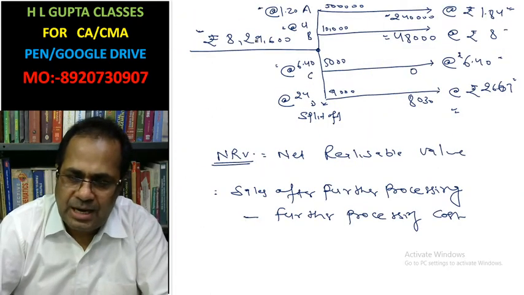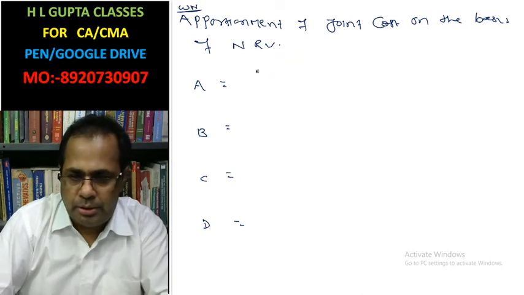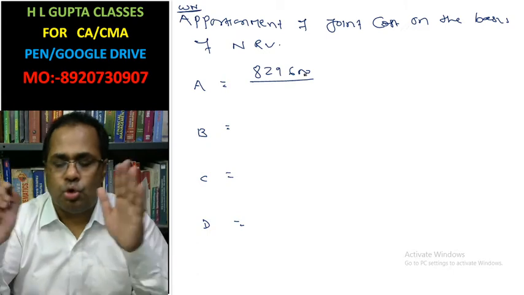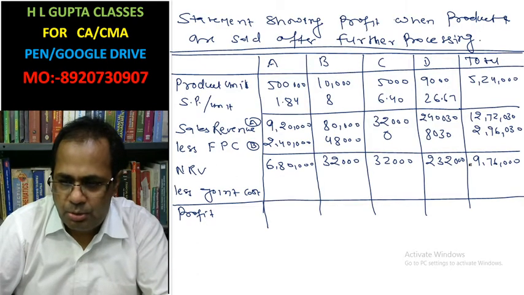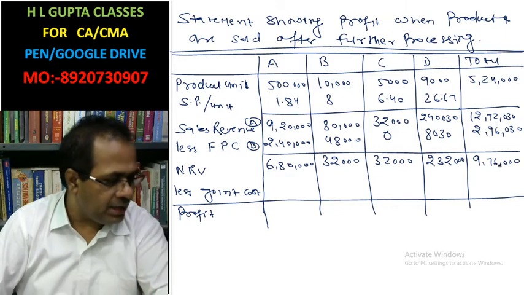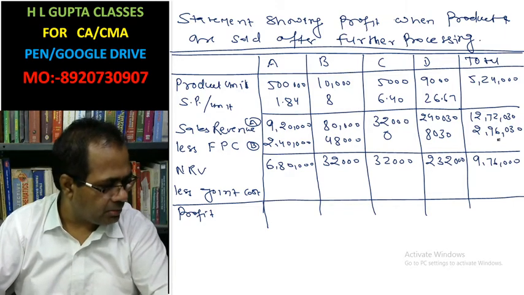Joint cost 8,29,600 divided by total net realizable value, 9,76,000.